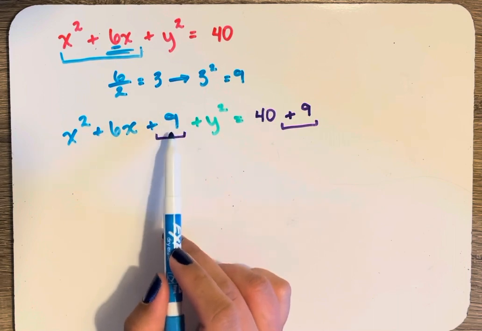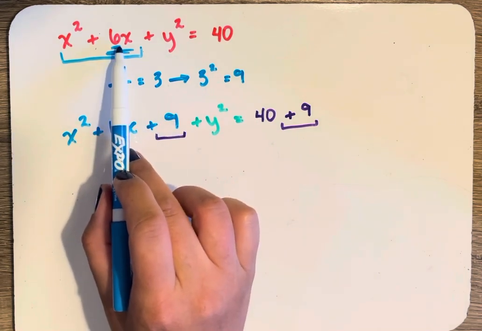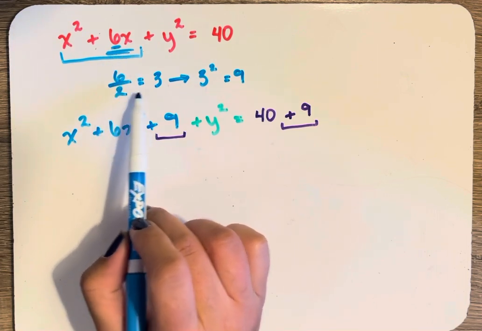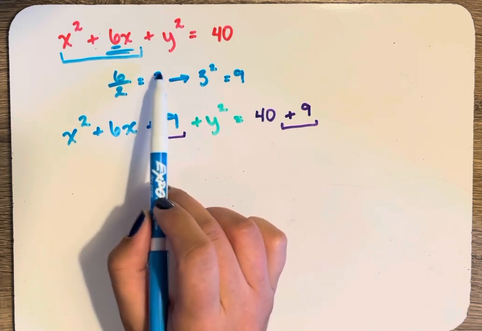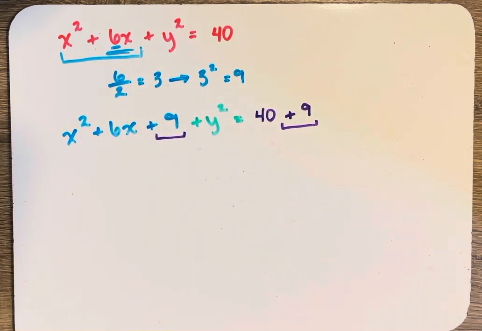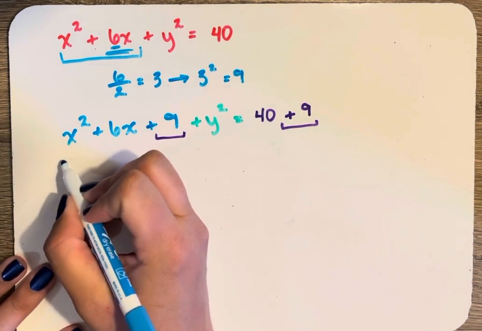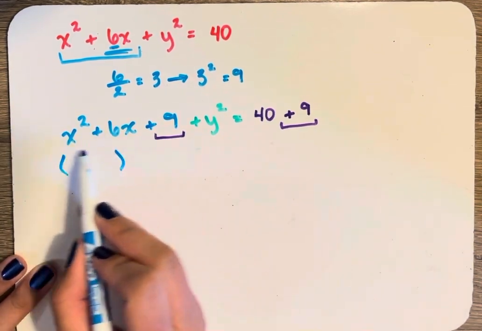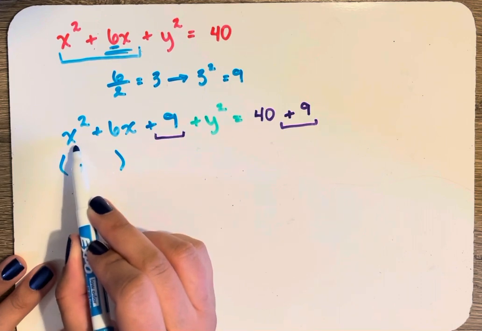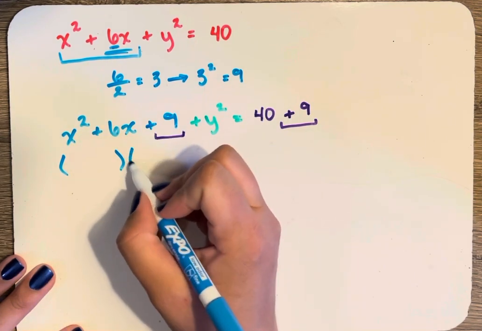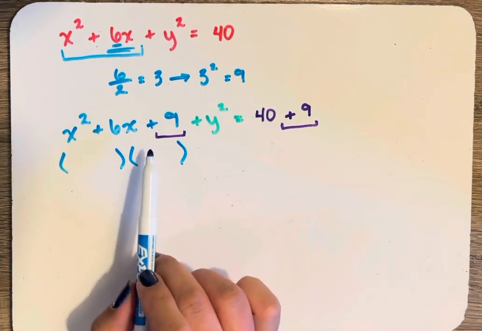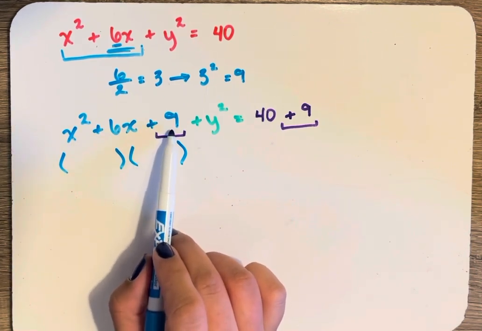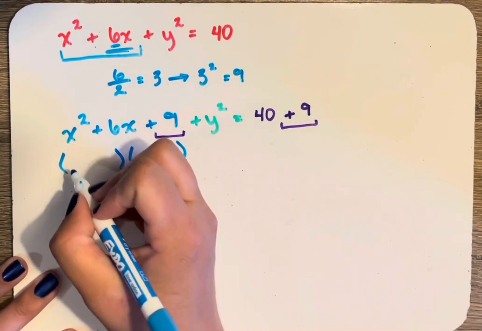So again, this 9 came from taking the coefficient in front of the x to the first, dividing that by 2 to get 3, and then squaring this value. 3 squared is 9. The reason I did that is because if I focus on just what's in blue, this trinomial, x squared plus 6x plus 9, and I factor that, I'm looking for two numbers that multiply to give me 9 and that add up to 6.